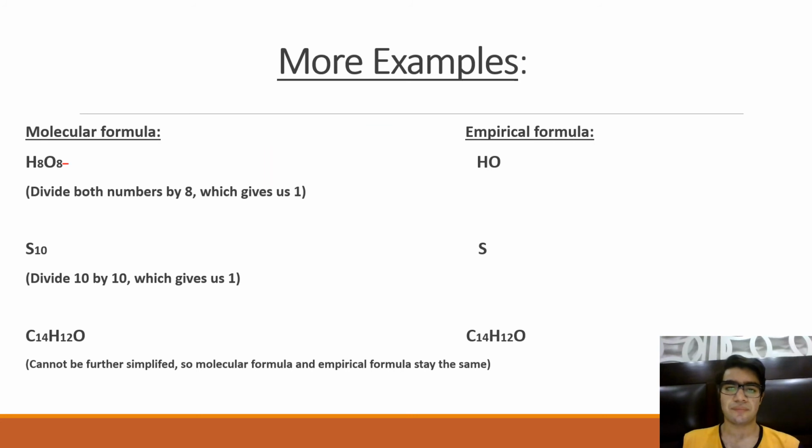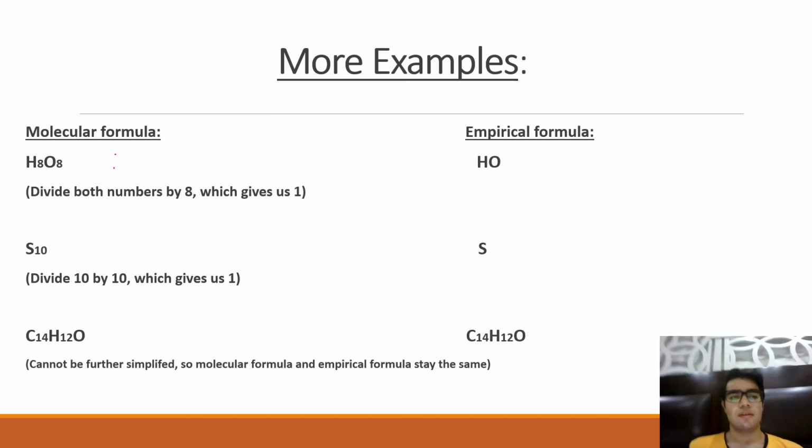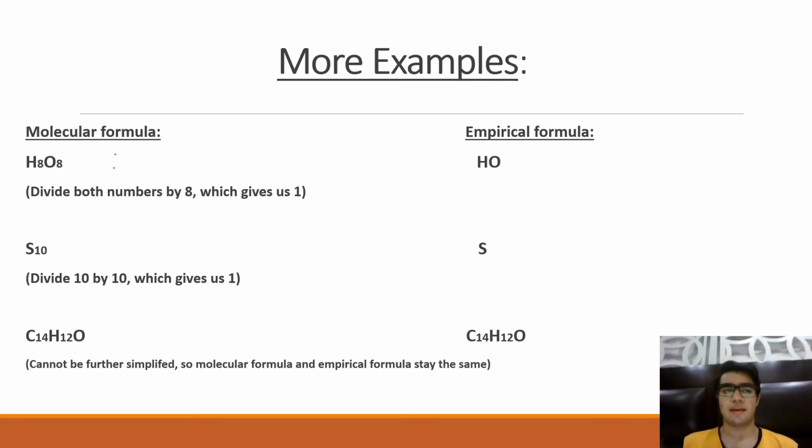Okay, now let's see the second example. In the second example we have S10. It's a single element, sulfur, and it has 10 sulfurs.